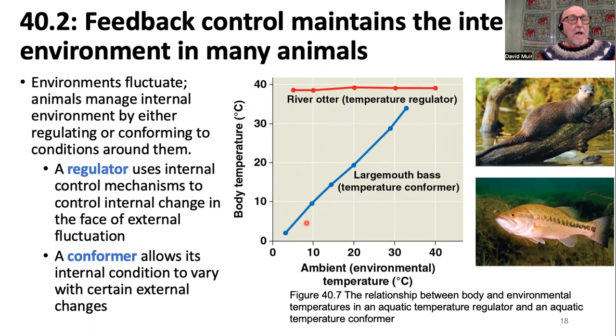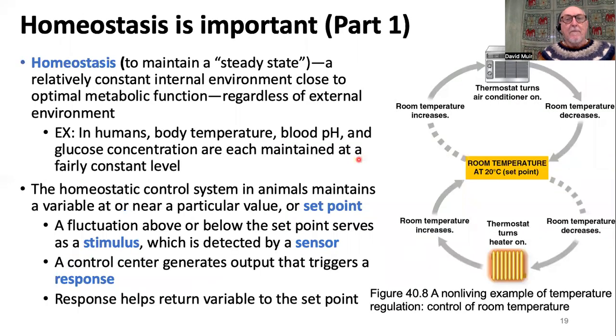So, for example, fish may become torpid at very low temperatures. Simply, their metabolism slows to such an extent that they become essentially inactive, but they survive at that temperature until the temperature rises sufficiently high that they can become active again.